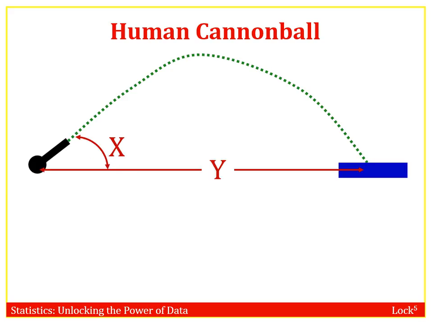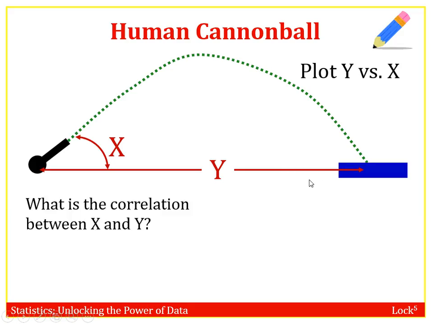So suppose we have the human cannonball. We're looking at our angle of the cannon, and then we're trying to shoot over and land on a mat. So plot your X versus your Y. Plot your angle compared to how far you're able to go, and just see if you can plot that out. So is there a relationship between X and Y?